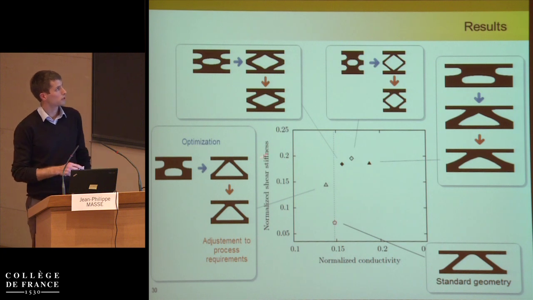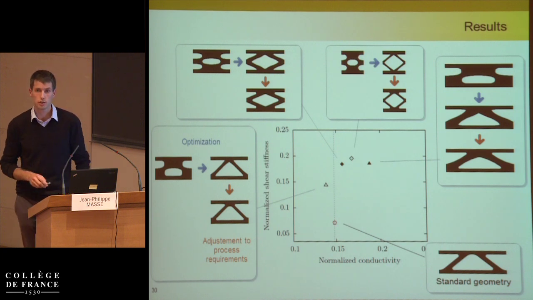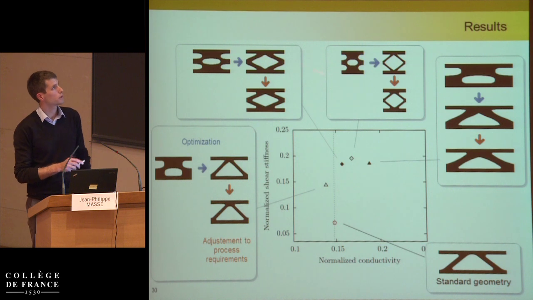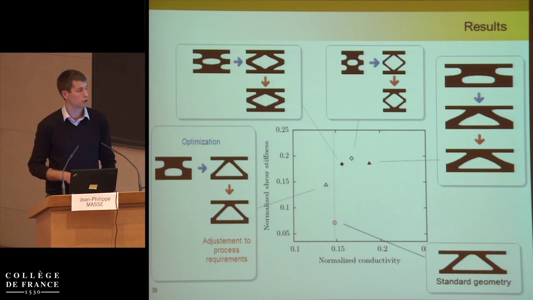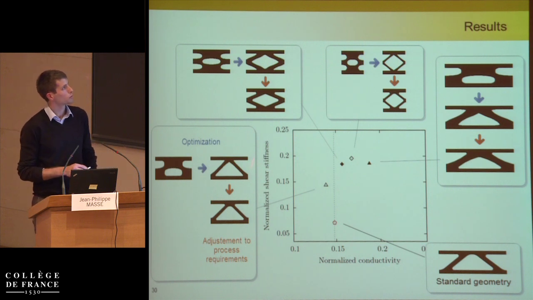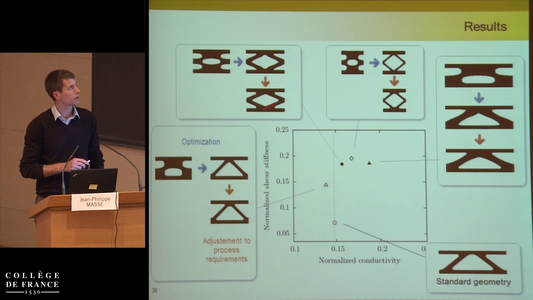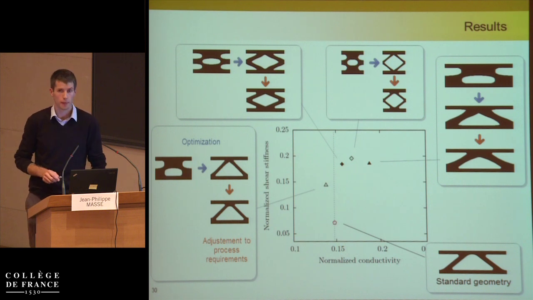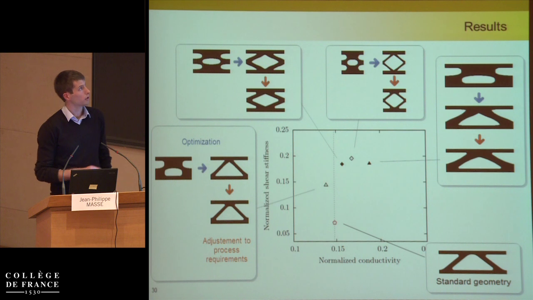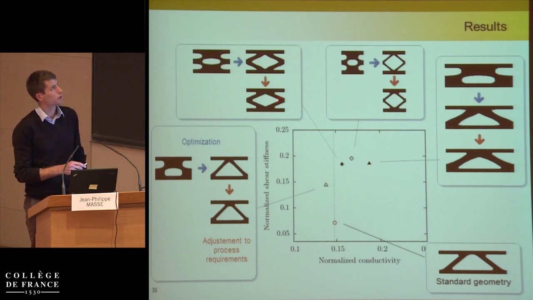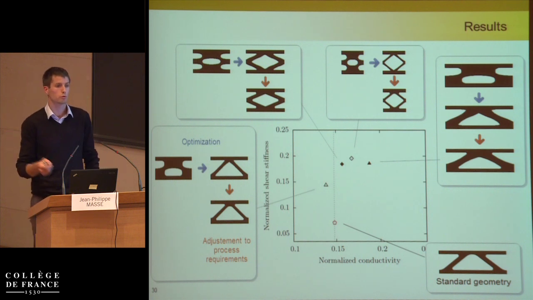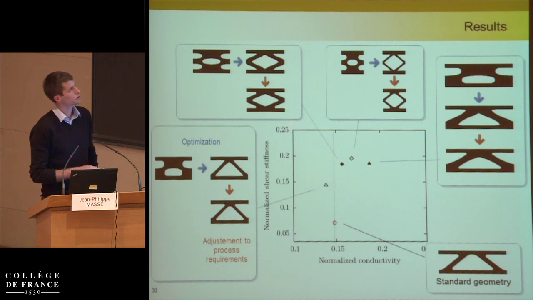And so, processing simulations of optimization from different initial geometries, we are able to propose some optimized geometries here in the center. And then we had a regularization step in order to be able to produce that geometry.